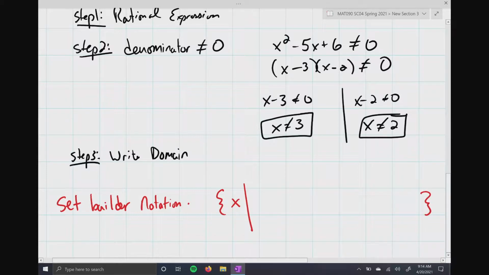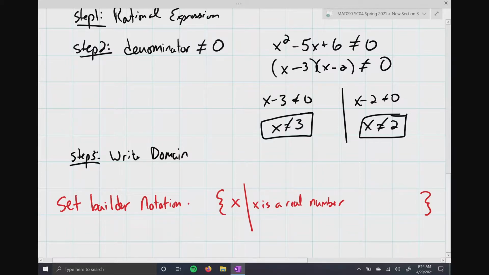And make sure you give yourself some space. Okay? So anything I wrote in red, you will always have that. That does not change. You always write that. So you write this open squiggly brace.